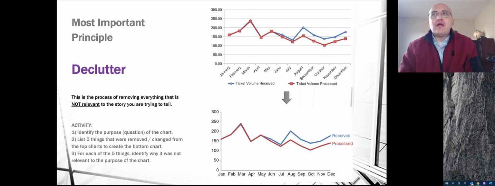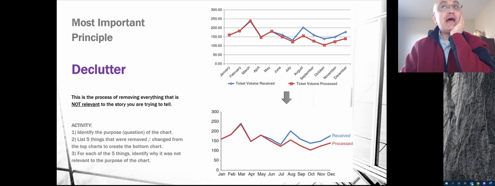Okay, so in this case, let's say this blue line at the top is the number of tickets we've received, and the red line is the number that we've processed. So maybe we're simply asking, are we keeping up with the tickets that we've received? Maybe that's our question. It's very simple.